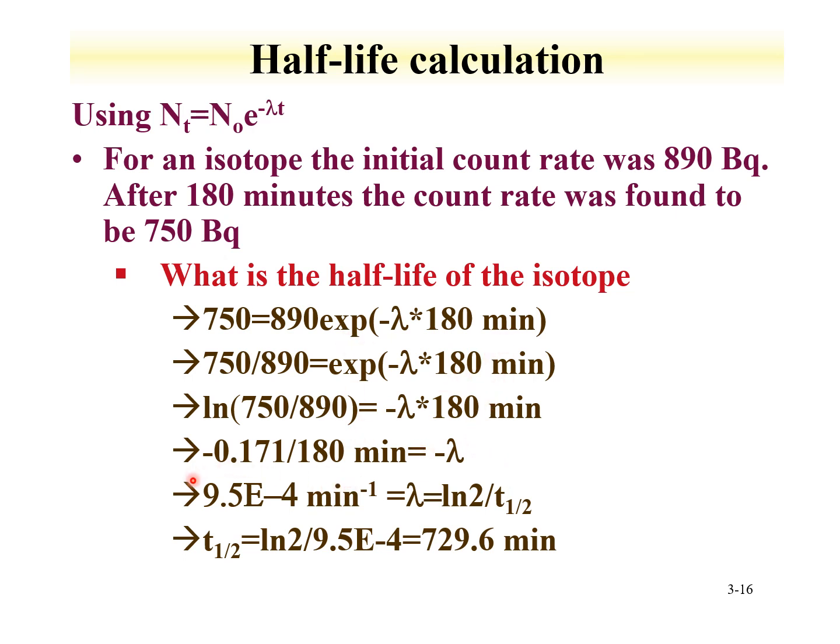We get a value, this value here is equal to 9.5 times 10 to the minus 4 inverse minutes, is equal to lambda, which is equal to log 2 divided by the half-life. So the half-life is equal to log 2 divided by this value. So the half-life is equal to 729.6 minutes.